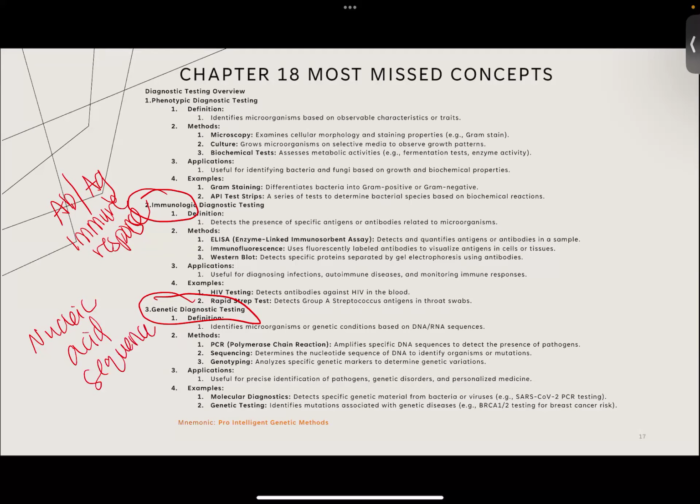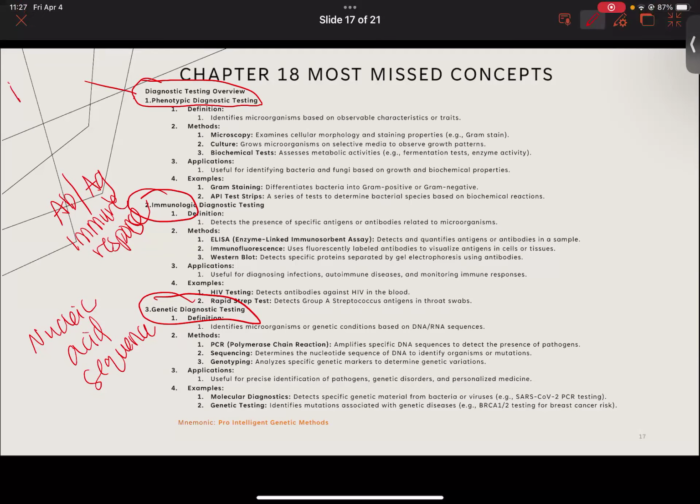If we're doing anything related to the actual nucleic acid sequence, that's the genetic or genotypic test. Phenotypic tests are going to be based on identifiable traits. If we learned about the difference between genetic or genotype versus phenotype, this is literally that.